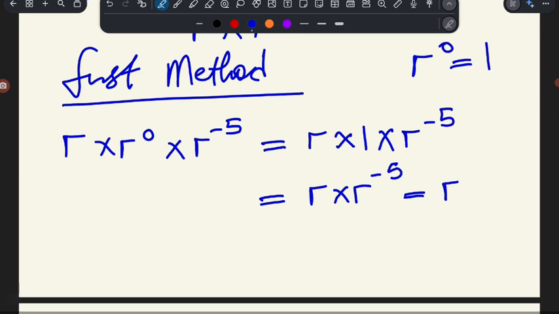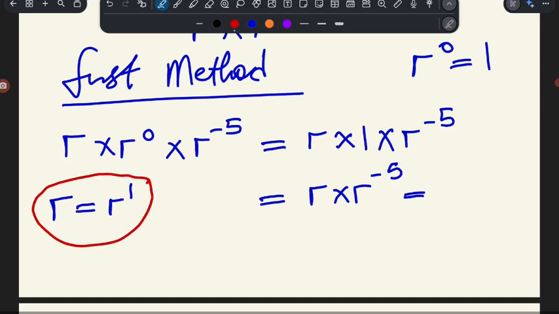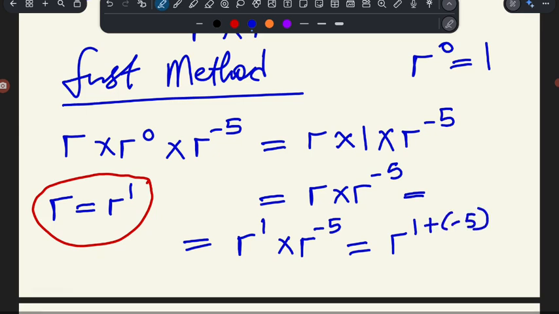With our law, the r is the same. Now, before we go to that, we still have to understand one fact, that r on its own can be written as r raised to the power 1. So please, you have to note this very well. So, in writing r times r raised to the power minus 5, you will now write r raised to the power 1 times r raised to the power minus 5. r is common, so 1 plus minus 5.